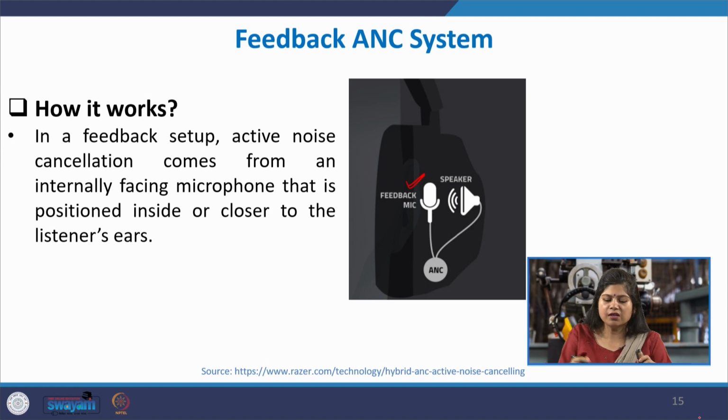Now, if you see here, the noise has reached over here, okay, and then what has happened? Then based on that some reference signal is generated to sort of create an anti-noise signal. What if by the time this noise has reached here and the next set of wave fronts are something different, right?